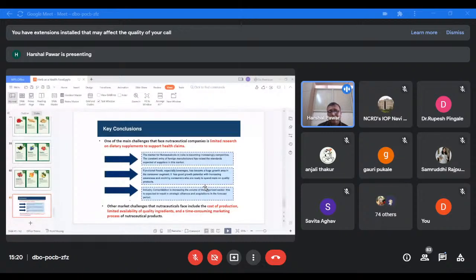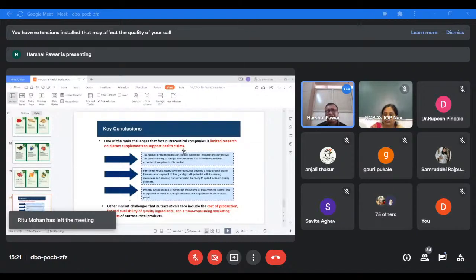One of the major challenges faced by the nutraceutical companies nowadays is limited research on the dietary supplements to support the health claim, right? So, as I mentioned earlier, even the product, the case study which I have explained here, contains 24 different kinds of components, extracts from 24 herbs, right?